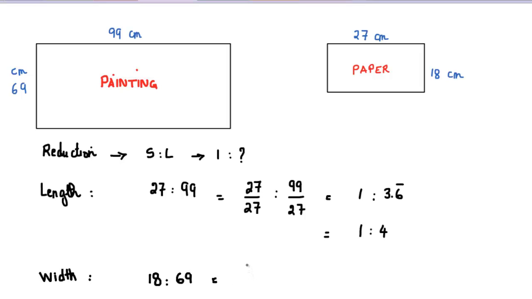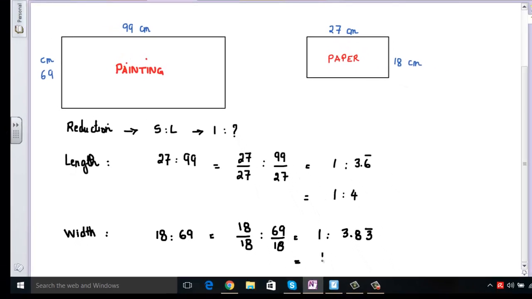That means I need to divide the two terms by 18. So 18 divided by 18 to 69 divided by 18, which is going to give me 1 to something. The 69 divided by 18 equals 3.83, and the 3 is repeated. So that means if I round it up, it's going to be 1 to 4.